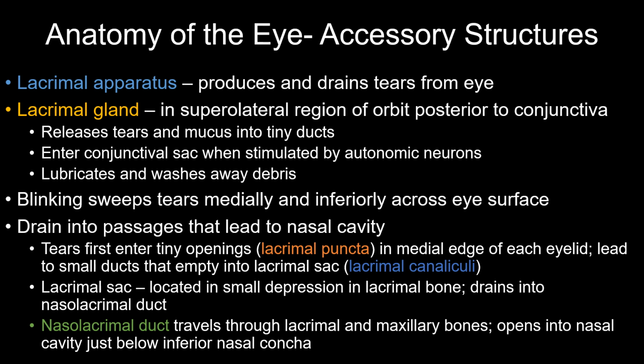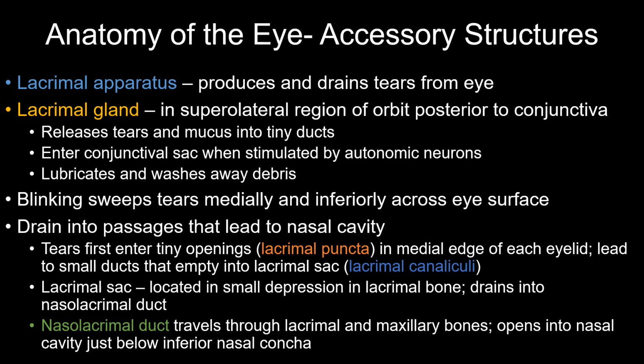If you produce tears in response to debris, allergens, or emotions, you'll probably end up with a runny nose, right? And excess tears may also spill over onto your cheek. The connection between your nasal cavity and your eye can also be a two-way street.